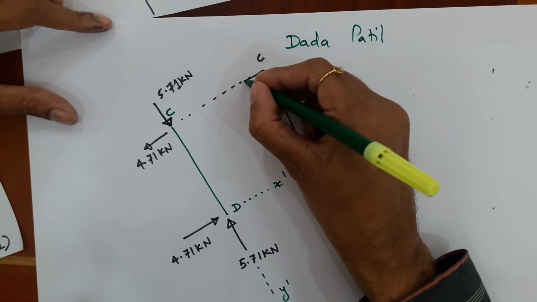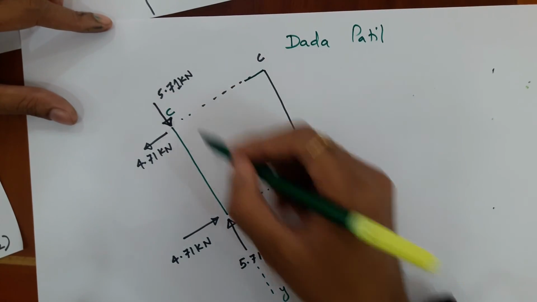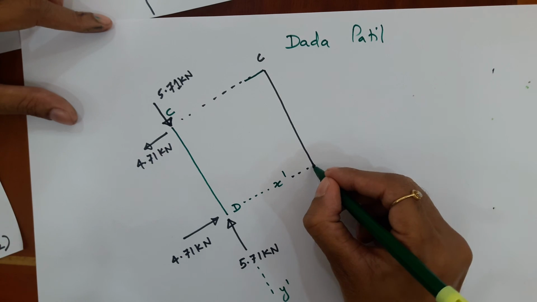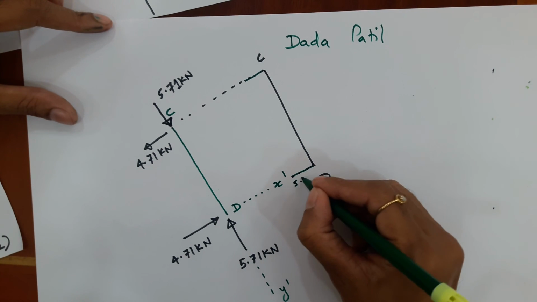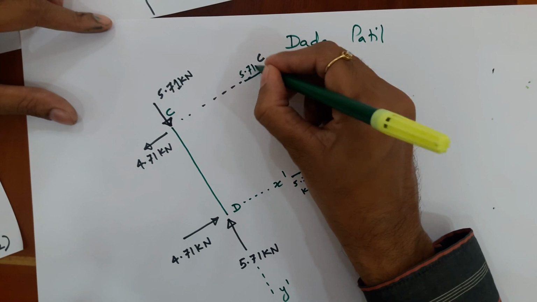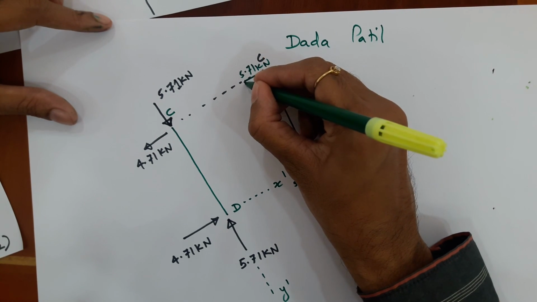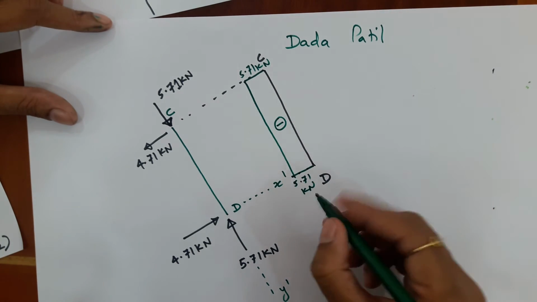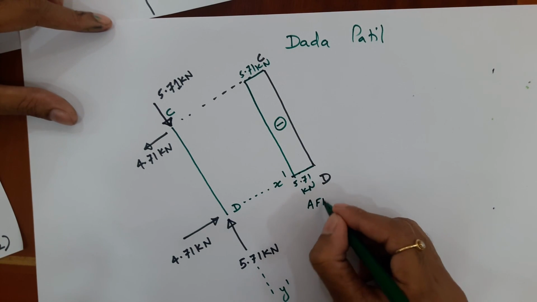So by my sign convention, I show it inside. This 5.71 is the same for the whole CD, so it is 5.71 kilonewton. Just join it by a straight line, and since it is compression, I will take it as negative axial force diagram.